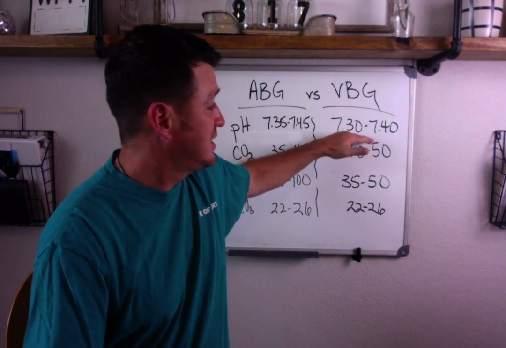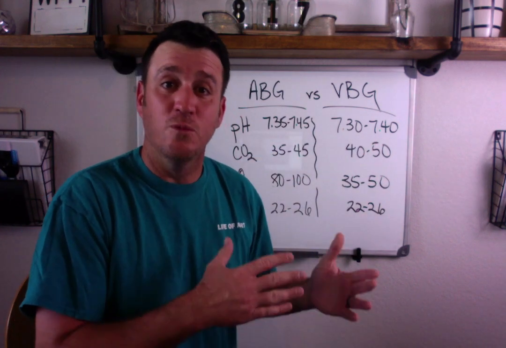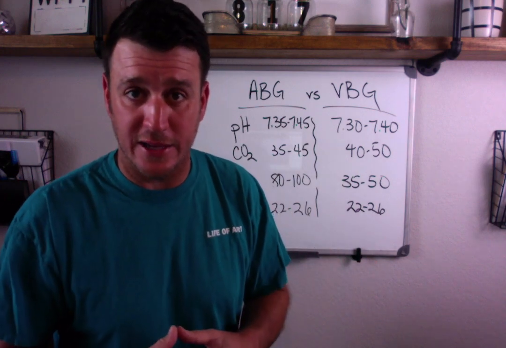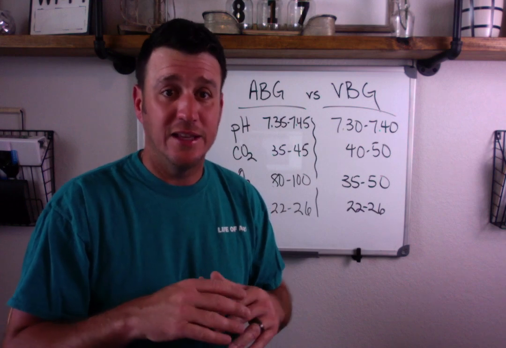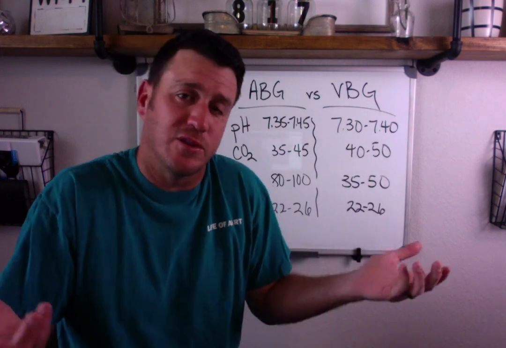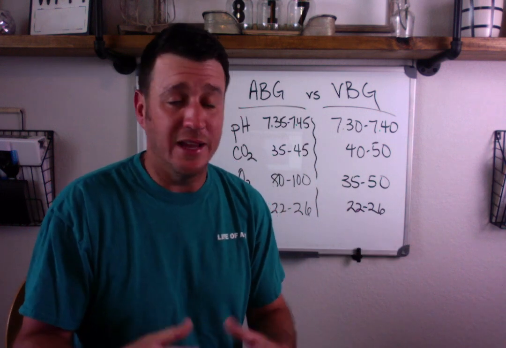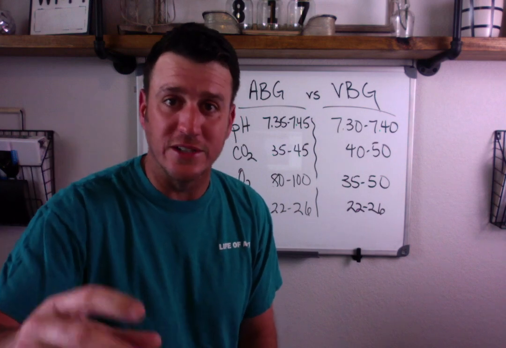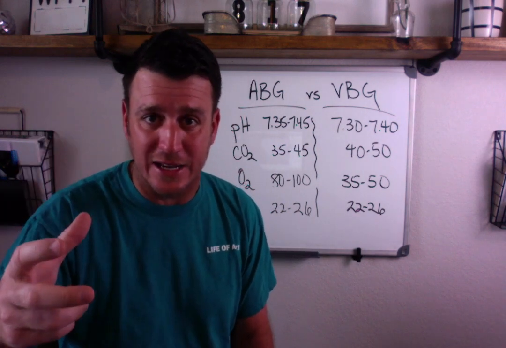If your pH is 7.32 on your venous blood gas, then when you run that arterial blood gas, because there's less CO2 in that arterial blood, you know your pH is probably going to be 7.36, 7.37, 7.38. I don't know. There's a formula for it, but it doesn't matter. We don't use it clinically at the bedside. What matters more is understanding the relationship and being able to critically think through it and analyze it.